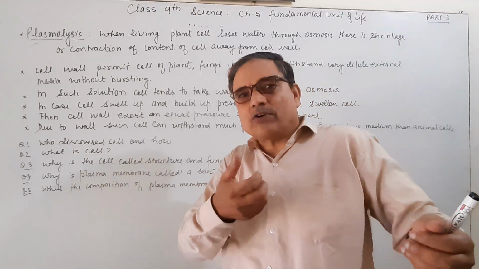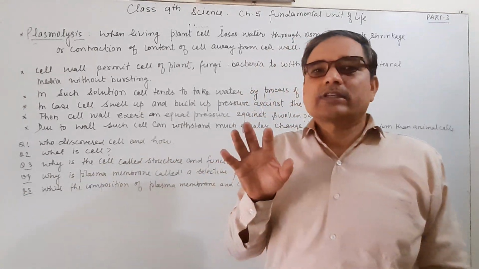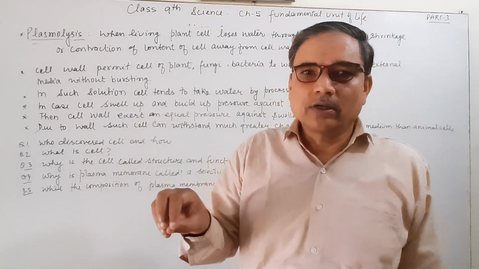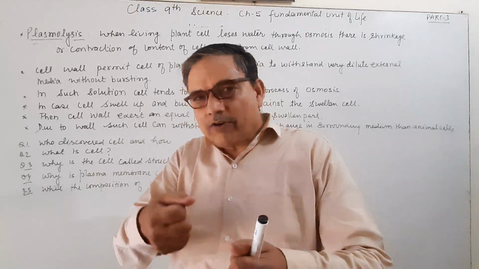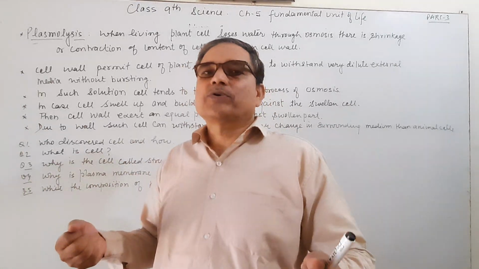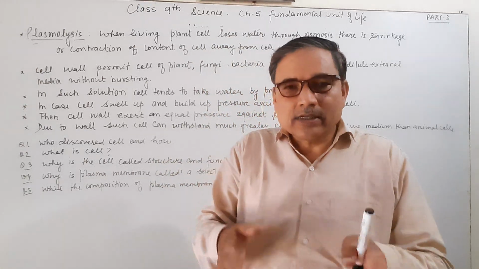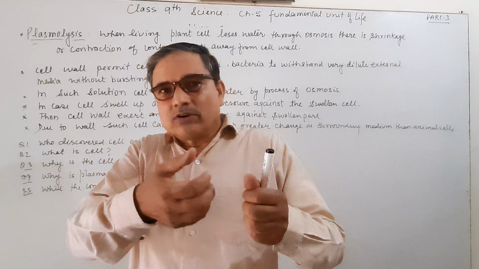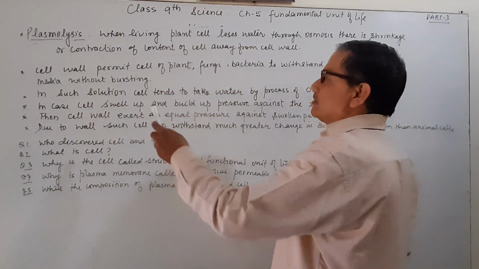Shrinkage means the cell contents move away from the cell wall. When the cell loses water in a concentrated solution, the contents of the cell shrink and move away from the cell wall. This is known as plasmolysis.